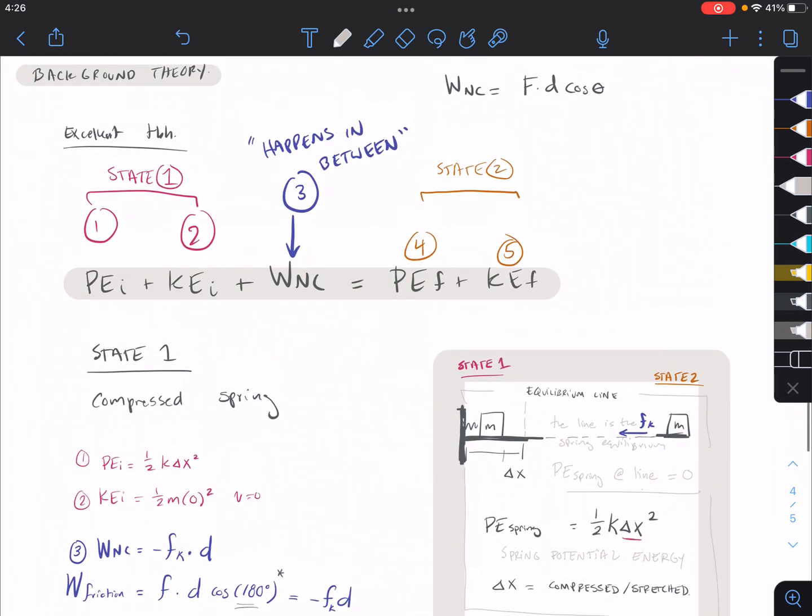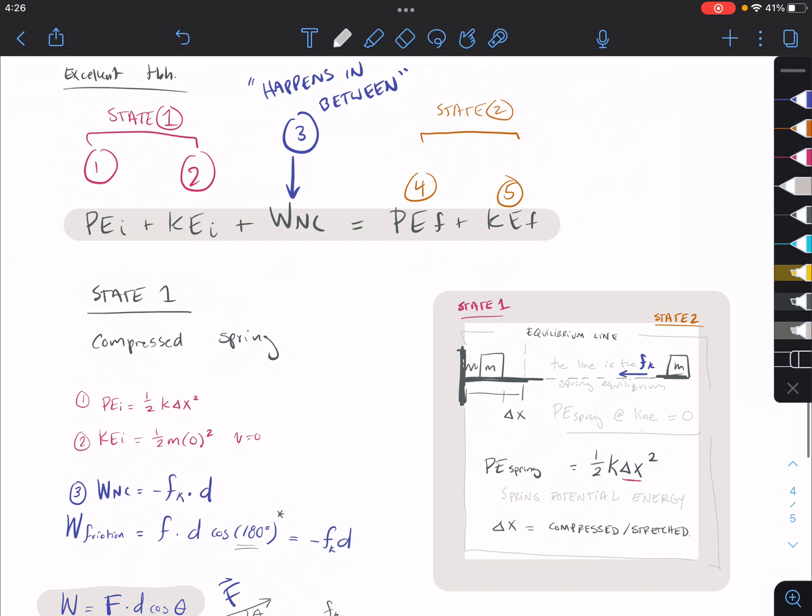To recap, for problems like this, we can just use conservation of energy. If we're not asked to find the changing kinetic energy for one specific object or anything like that, we should by default try to use conservation of energy for these problems. By default we should try to look at the initial potential and kinetic.